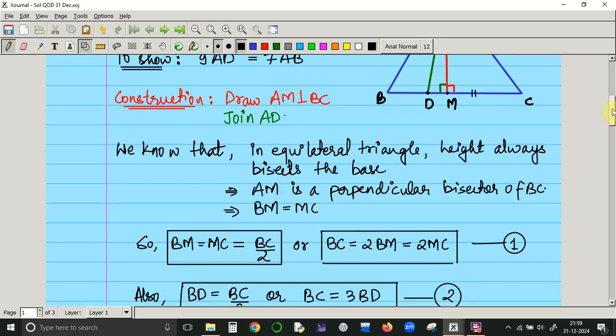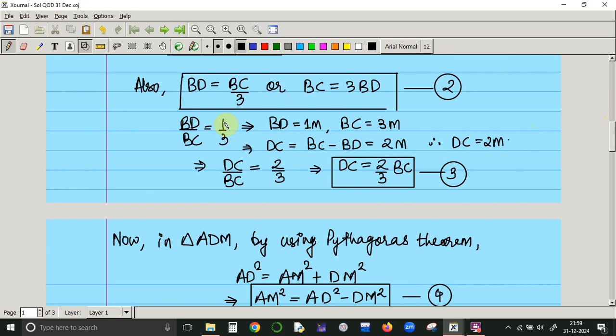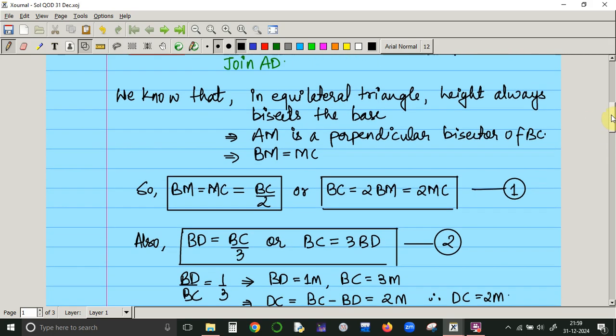So what I have said is proved by these 2 or 3 lines. So BD is equal to BC upon 3. So from this I can write BD upon BC is equal to 1/3. This means that BD is equal to 1m, where m is a common multiple, and BC is 3m. Now what is DC? You can check in the diagram.